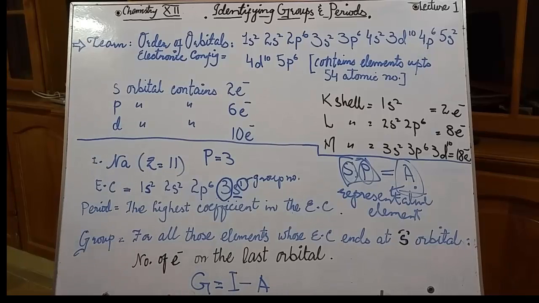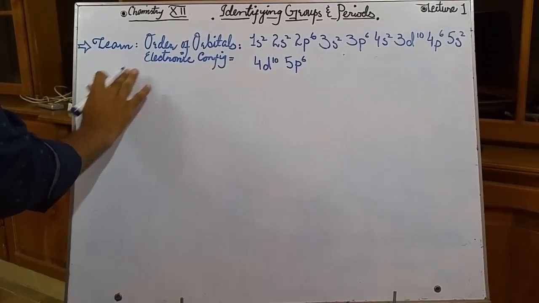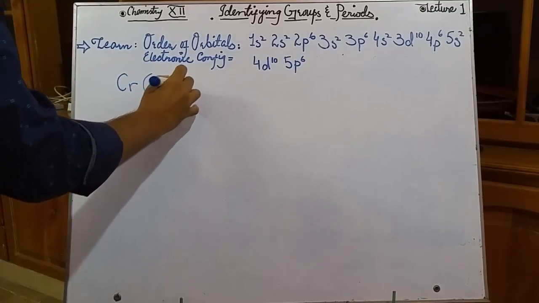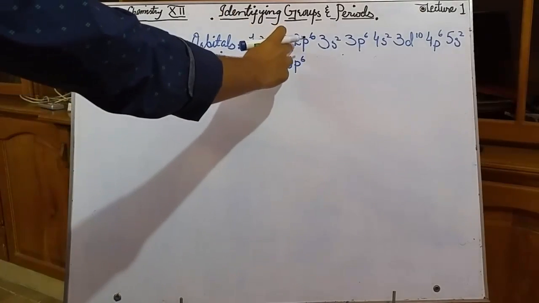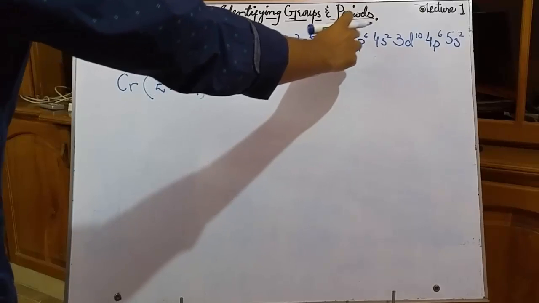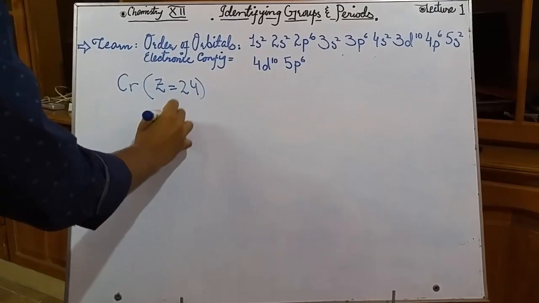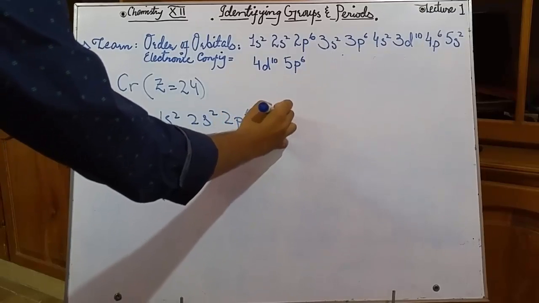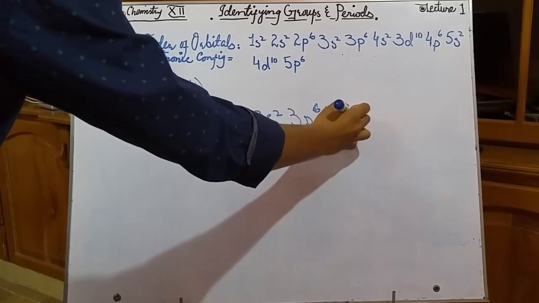Now let's take a look at another example. We will take the example of chromium. Its atomic number is 24. Again, let's do the electronic configuration. We need 24 electrons: 2, 4, 10, 12, 18, 20, and d4 will give you 24, starting from 1s2, 2s2, 2p6, 3s2, 3p6, 4s2, and 3d4.